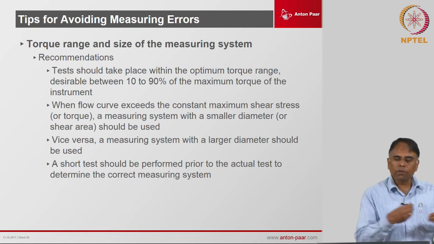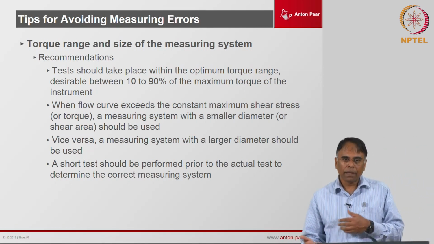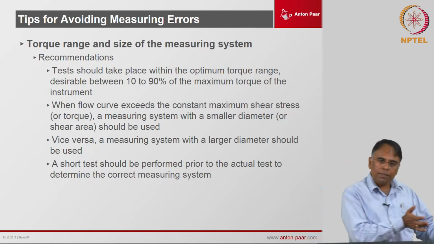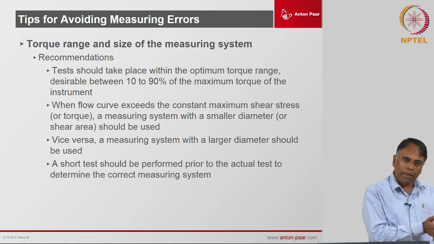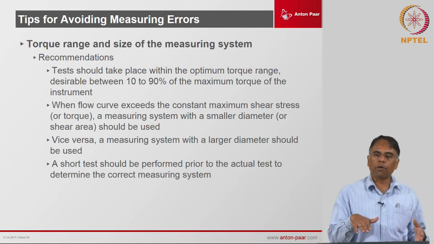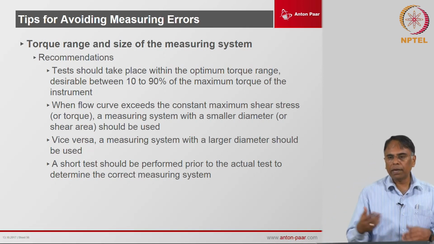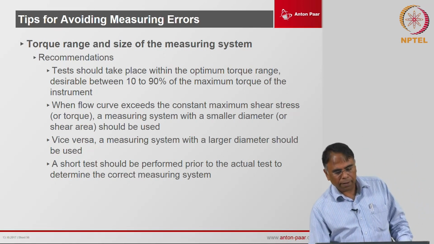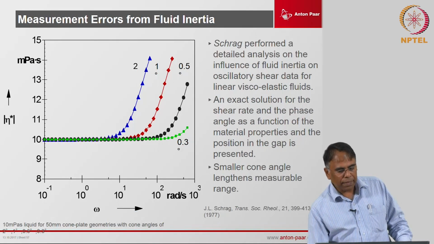So you can change the geometry size if you still want to measure at these low shear conditions and you want a much better signal to noise ratio. Definitely the size of the plate can help you very easily to get good data.